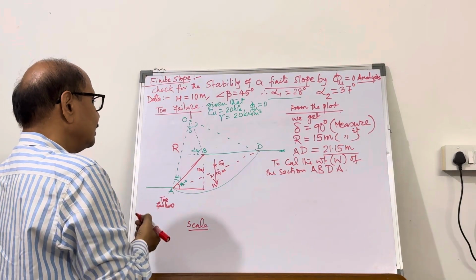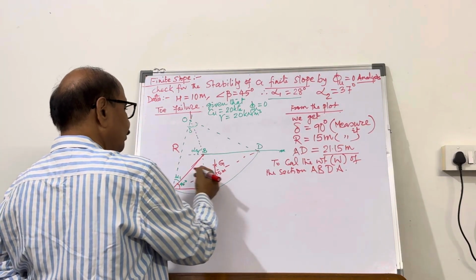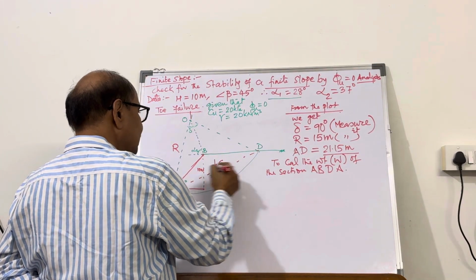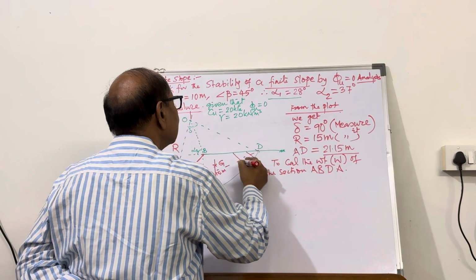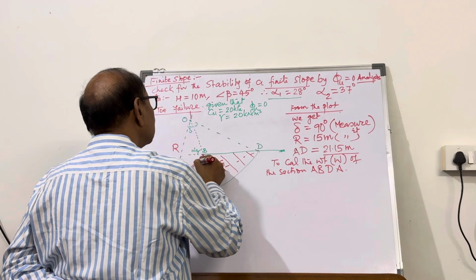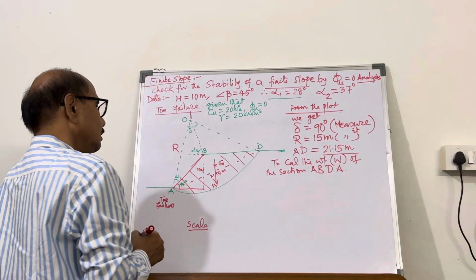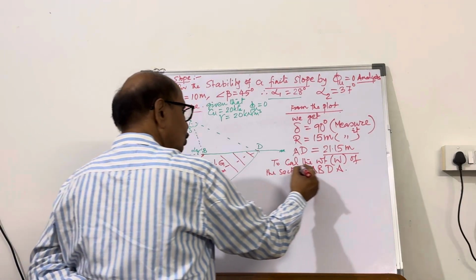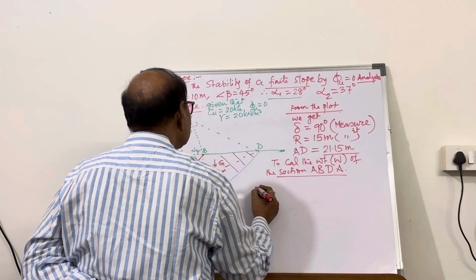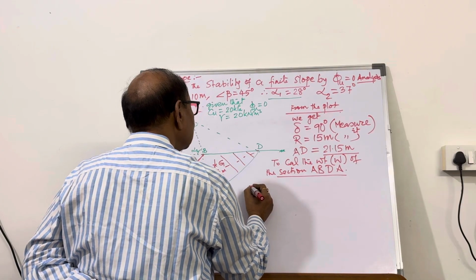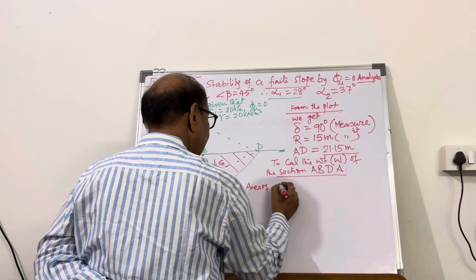It is a part of a circle. If you want to find out the area of this part, because you need the weight, then to calculate the weight of the section ABDA, we need to find out the area of ABDA.